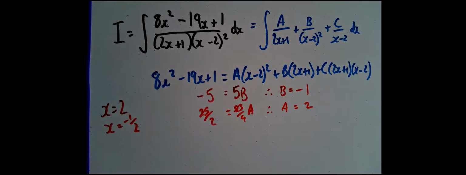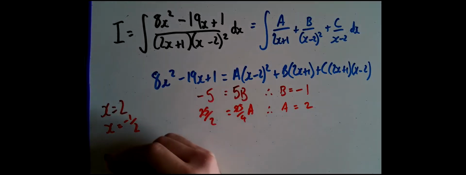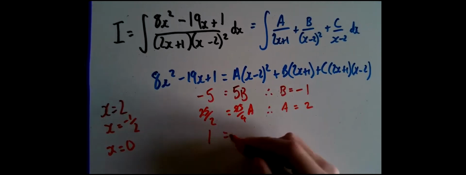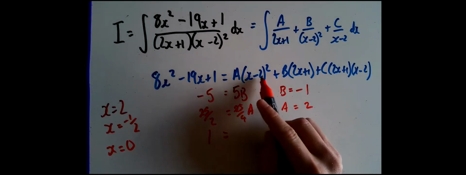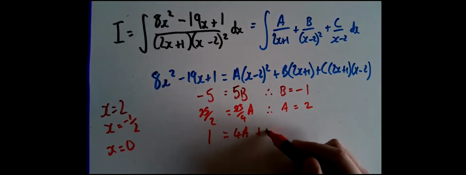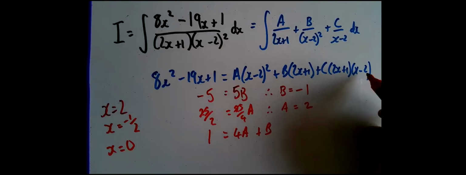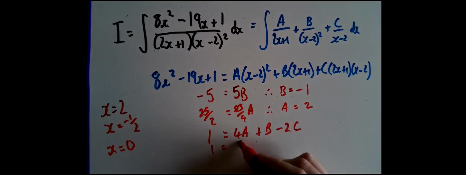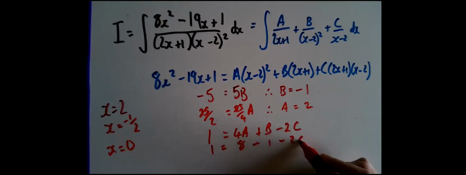Now there's no more magic numbers, so I just pick any number. I haven't used 0 yet, so I'm going to stick 0 in to get 1 equals minus 2 squared is 4, so 4a, plus 1b, and 1 times minus 2 is minus 2c. So 1 equals 4 times 2 is 8, minus 1, minus 2c.